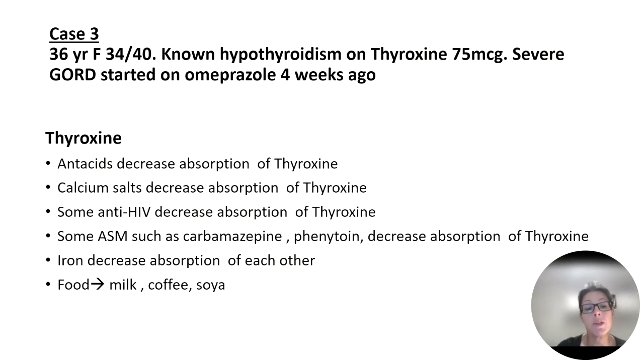This also includes calcium salts, magnesium salts, which may be over-the-counter things that they take. They also need to be aware of some commonly prescribed anti-seizure medications, or if the patients have HIV. Again, we've mentioned iron already, but milk, tea, and coffee can affect the absorption of thyroxine.